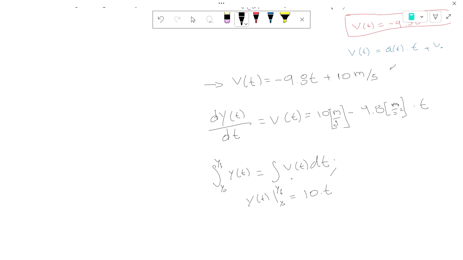Well, the integral, really, let's do this. This is from v0, with respect to t, this is from t0 to a final t. Again, we have to integrate with respect to time. So let's do this. From 0 to a time that we need to find, and the function is 10 minus 9.8 t dt.